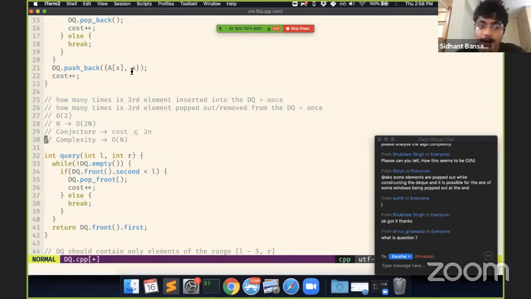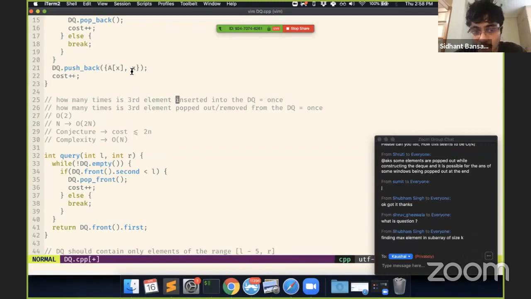It's 2n. The reason is that a particular element, here I'm picking 3, is inserted into the DQ once, and popped out once. So for a given element, it costs you order 2. The third element costs us 2 operations, so n elements will cost us 2n operations.